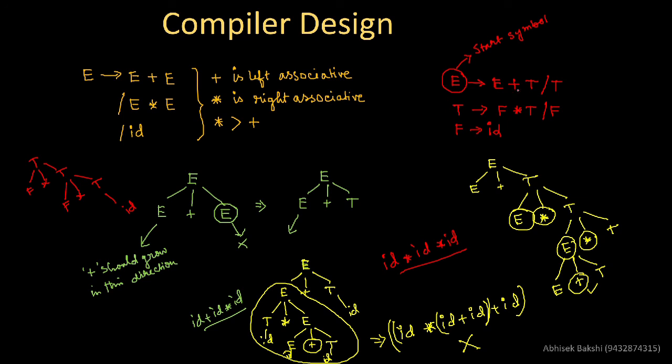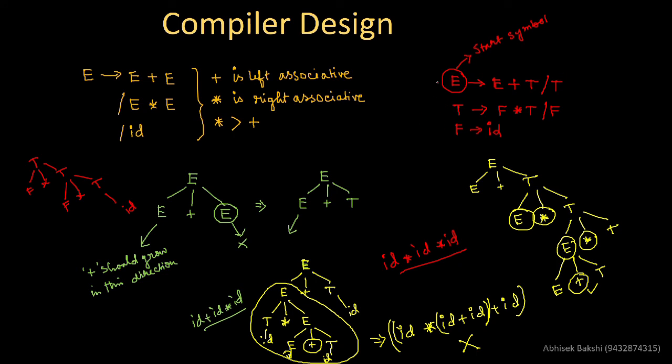For right associative, the rightmost symbol of the RHS equals the LHS of the production rule. As simple as that. And since star has higher precedence, that's why I have kept star in the next production rule, but I have not used star directly from the start symbol.